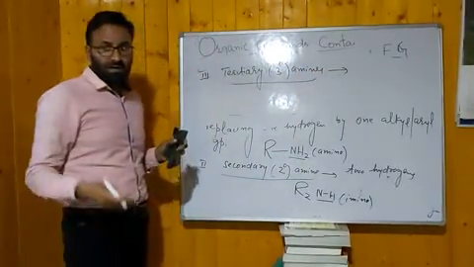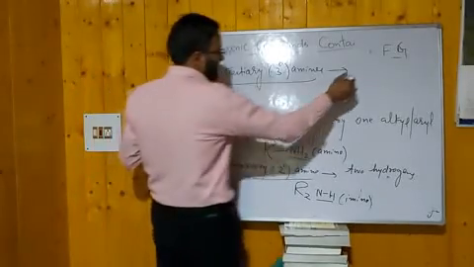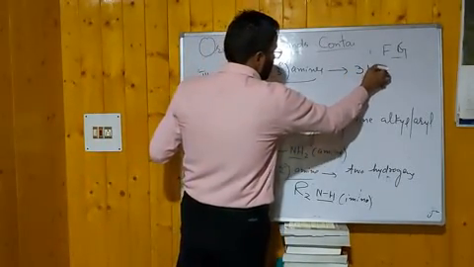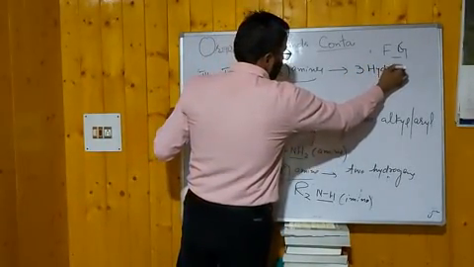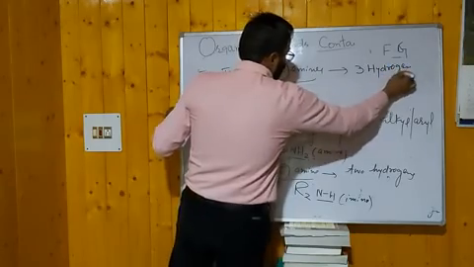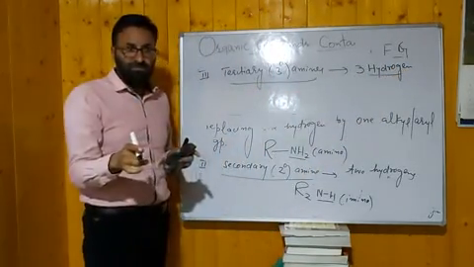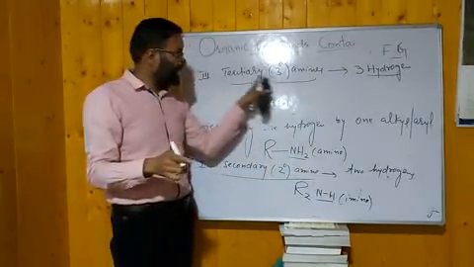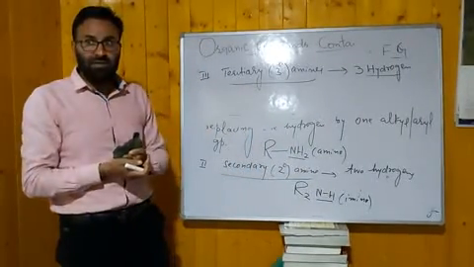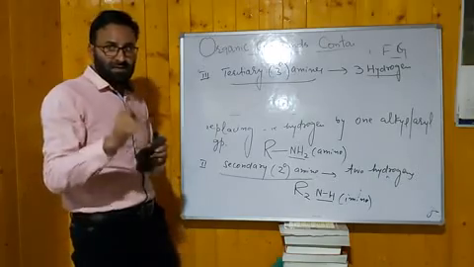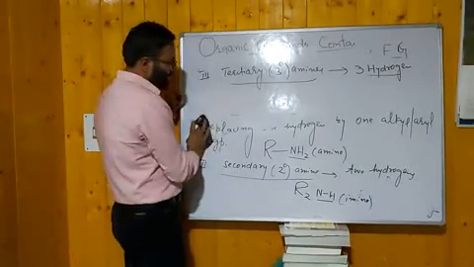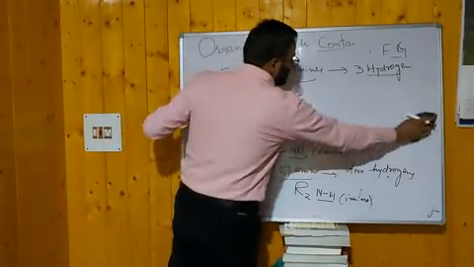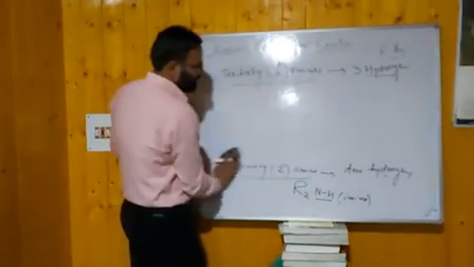These are the amines which are obtained by replacing 3 hydrogens. In the primary you remember 1 hydrogen, in the secondary amine 2 hydrogens, and in the tertiary amine you mention that these are the amines obtained by replacing all the 3 hydrogen atoms from ammonia.